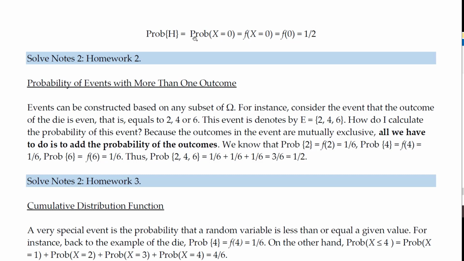All these statements mean exactly the same thing. They are here to model the same real-life event. Again, this is usually used when we are talking about outcomes before we recode the outcomes to a random variable. This one is usually used after we recoded the random variable, so f of 0 equals half, but they all represent the same event.